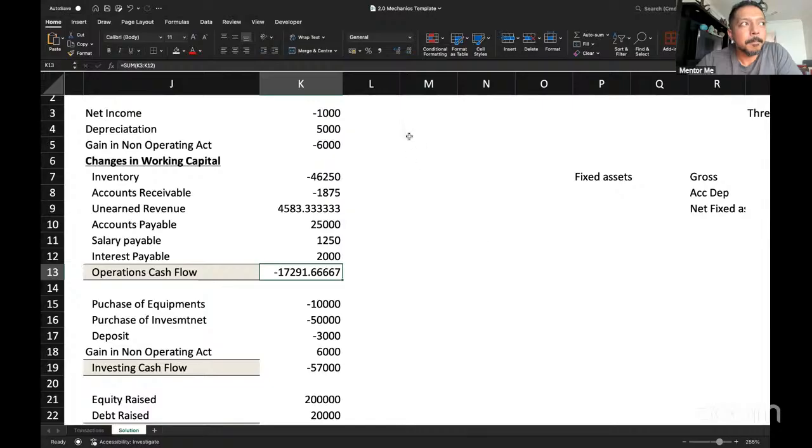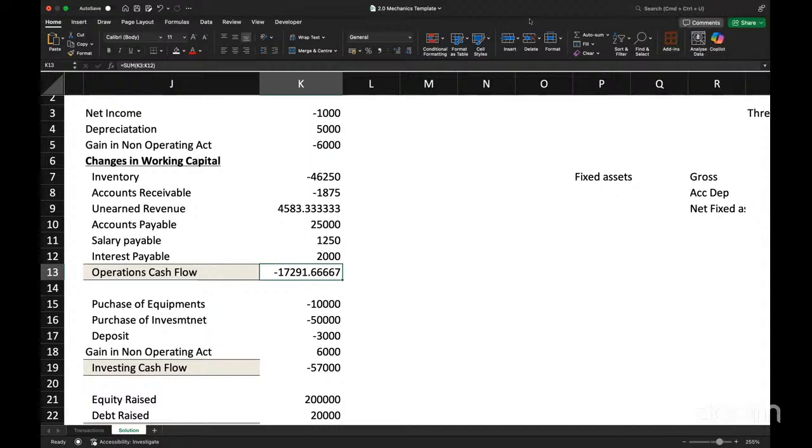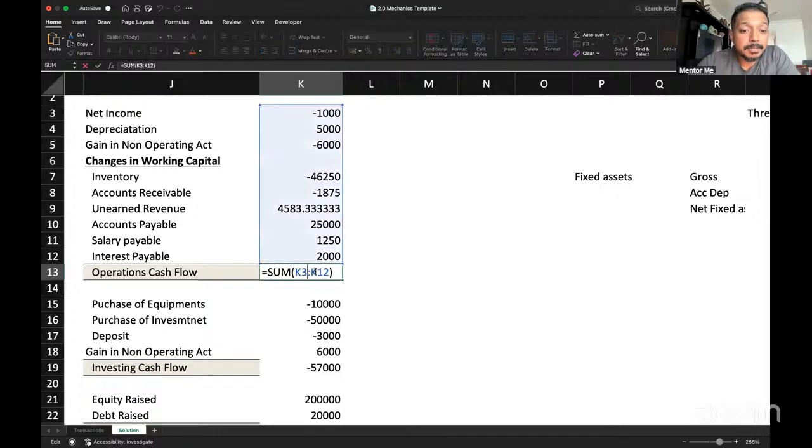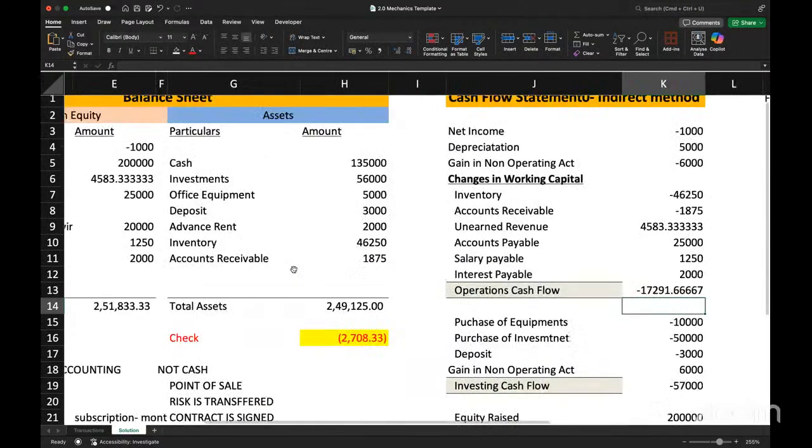Right? So if you go to, let's say, screener.in and see how many companies are actually able to maintain good operating cash flows. Very few. Operating cash flow isn't high over here. Yeah, negative. This is negative.